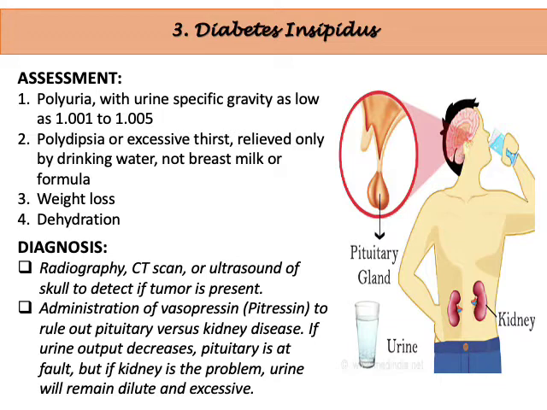So if the cause is diabetes insipidus and it is pituitary in nature, the body will respond to this drug. If urine output decreases, therefore pituitary is at fault. But if kidney is the problem, urine will remain dilute and excessive.